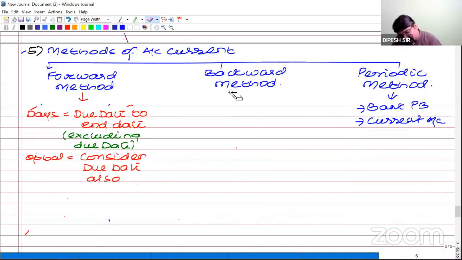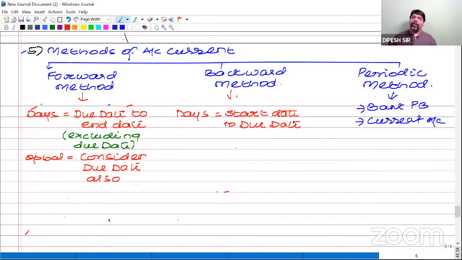In backward method, days is equal to start date to due date. Now, first of all, let me make it one thing clear. How to calculate due date? The same way we did it in average due date or bills of exchange.